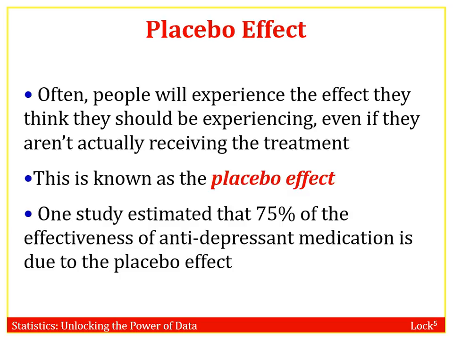It's all kind of in their head. So one study suggested that 75% of the effectiveness of antidepressant medication is because of the placebo effect, as in people think the medication is making them get better when they might have just been taking a sugar pill. And it's just all within their head that they are actually getting better. And they might actually be getting better, but it's still just all in their head.